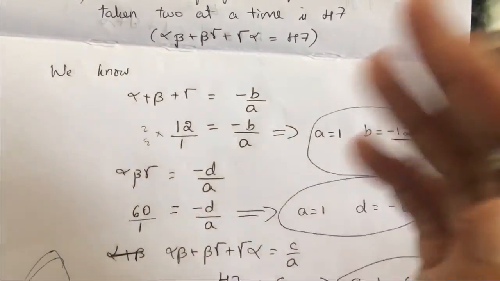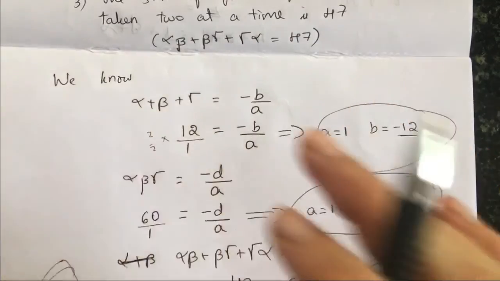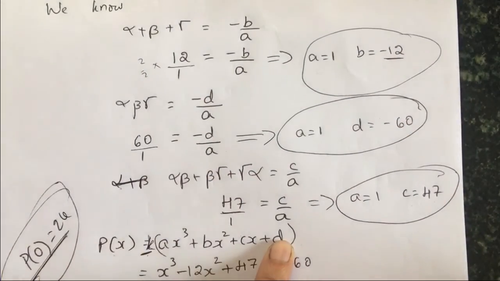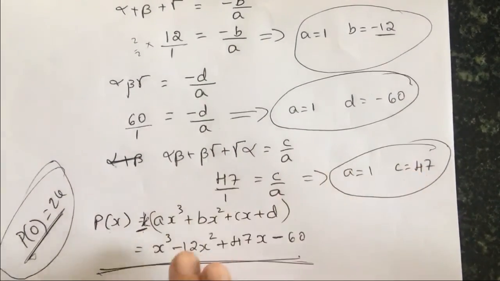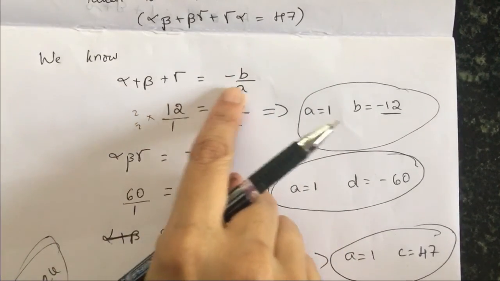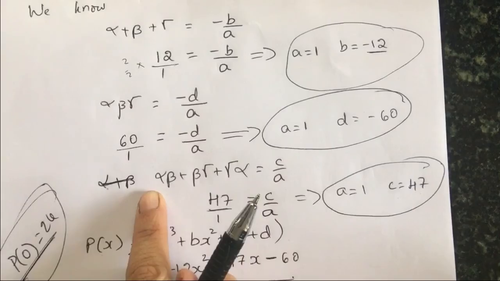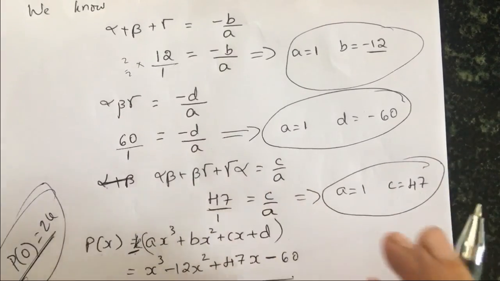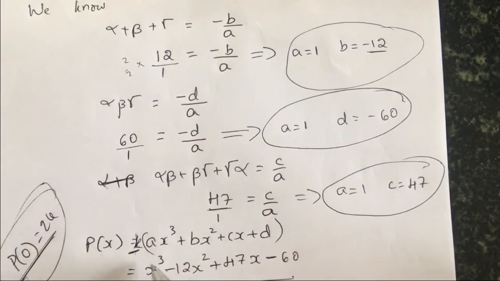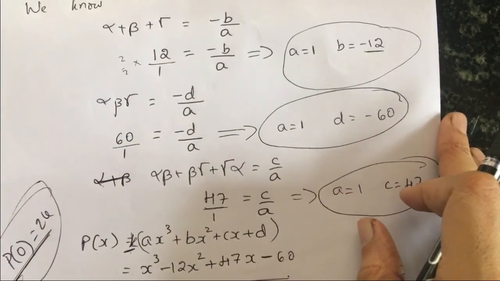Sometimes they'll give you the zeros of a cubic polynomial and ask whether they are the zeros of the cubic polynomial; you just check. In that case you have to take alpha plus beta plus gamma equal to minus b by a, these three relations, and check whether they are satisfying. If they satisfy, then you can say that they are the zeros.